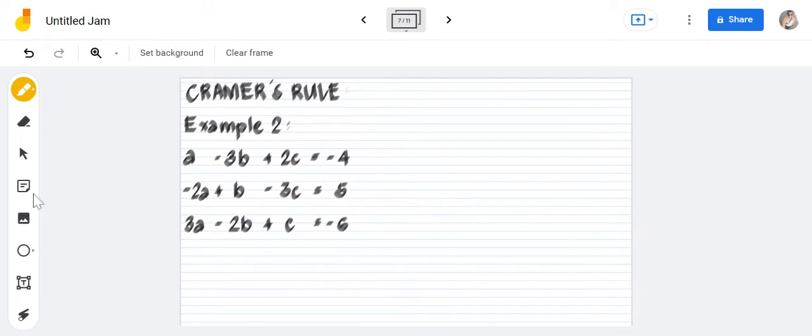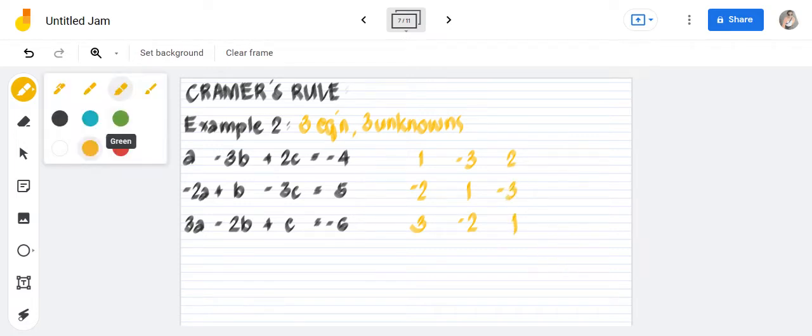So let's have another example, number 2. This is again 3 equations with 3 unknowns. By Cramer's rule, we again transform our equations into a matrix. For the coefficients, we have 1, negative 2, 3, negative 3, 1, negative 2, 2, negative 3, 1.